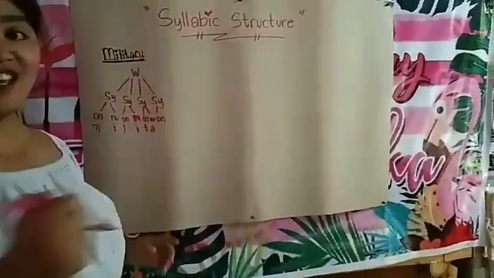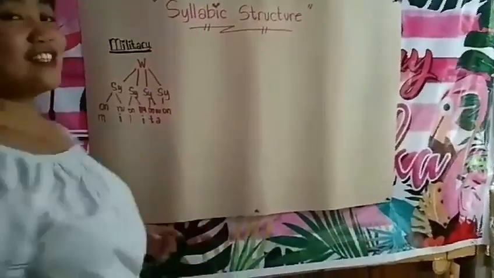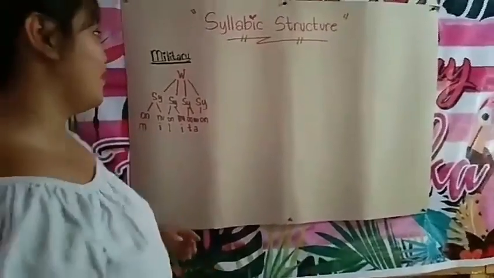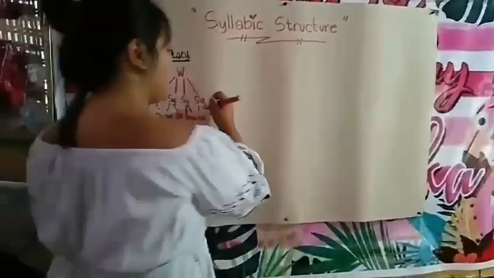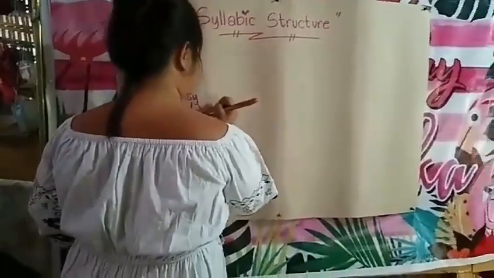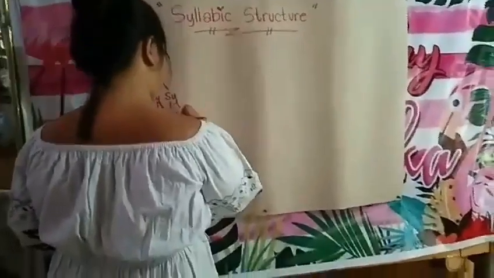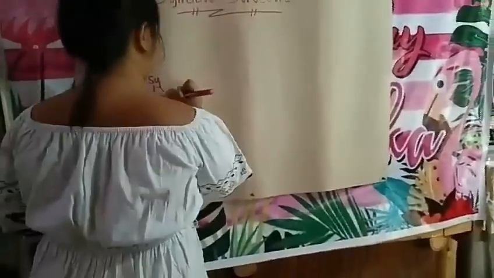Y is a consonant, but a nucleus can be a consonant or a vowel sometimes. So we're going to put it as A and U. This will be R, and this will be the Y.